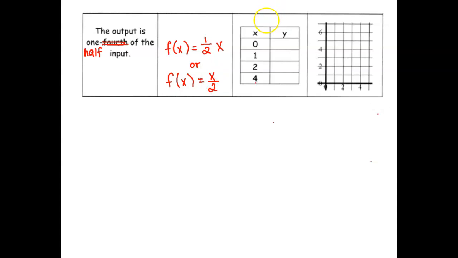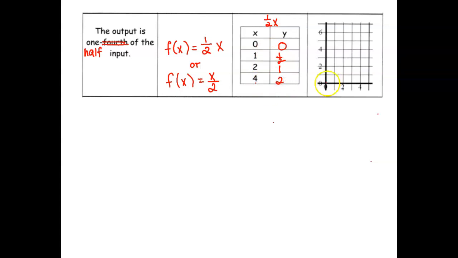All right, so if we have 1/2 x and we fill out our table, we'd have 1/2 times 0 is 0. 1 times 1/2 is 1/2. 2 times 1/2 is 1, and then 4 times 1/2 would be 2.